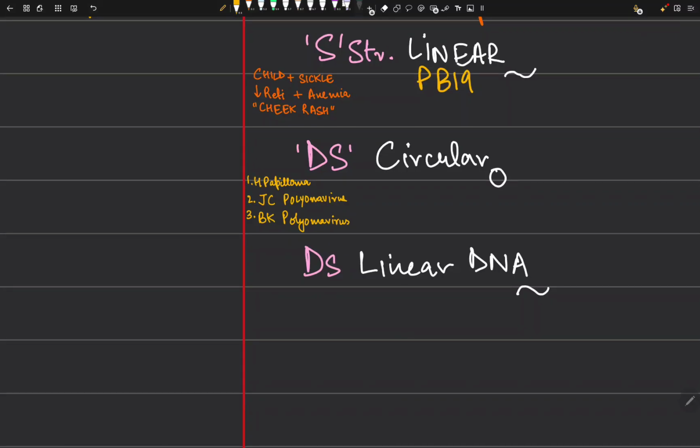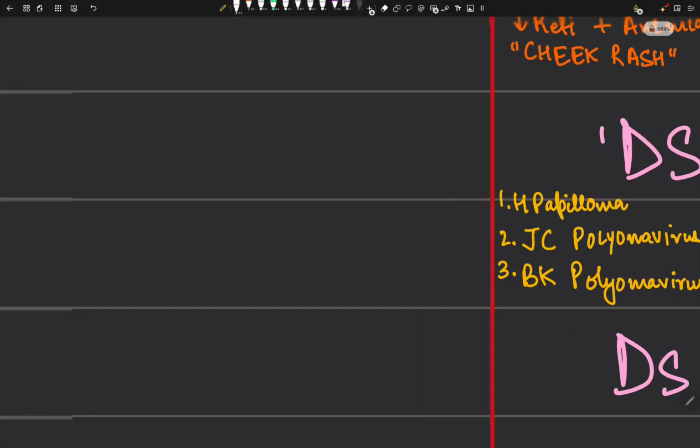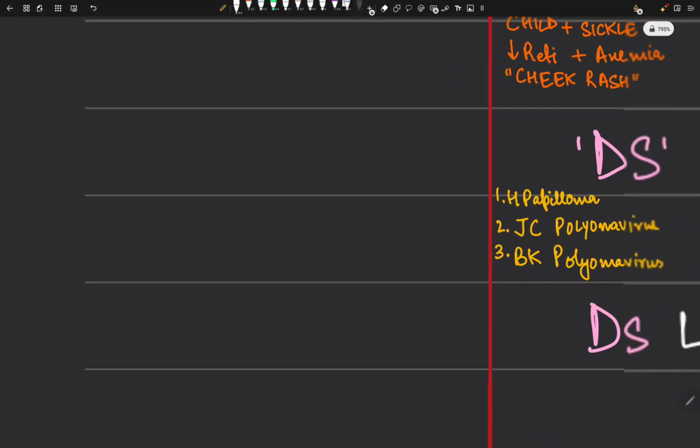Now, human papilloma loves squamous epithelium. That's the truth right there. I'm gonna add that to the story of HPV.